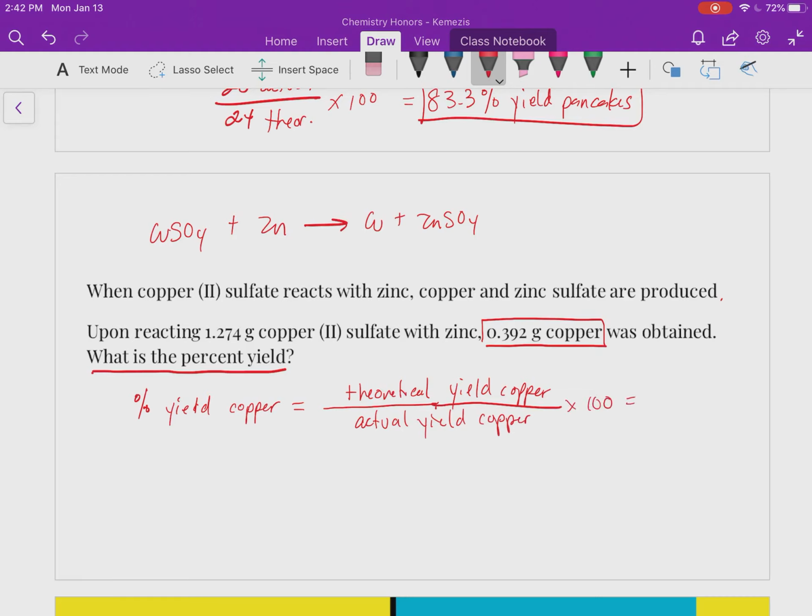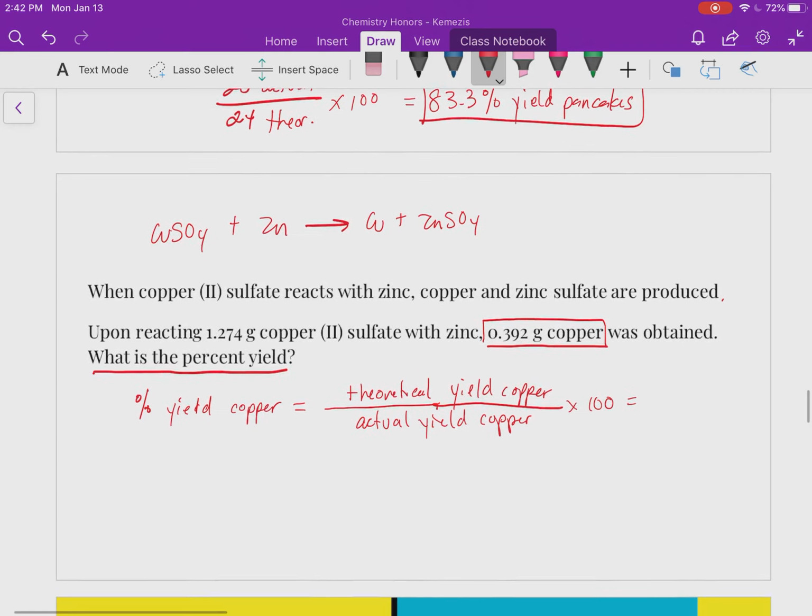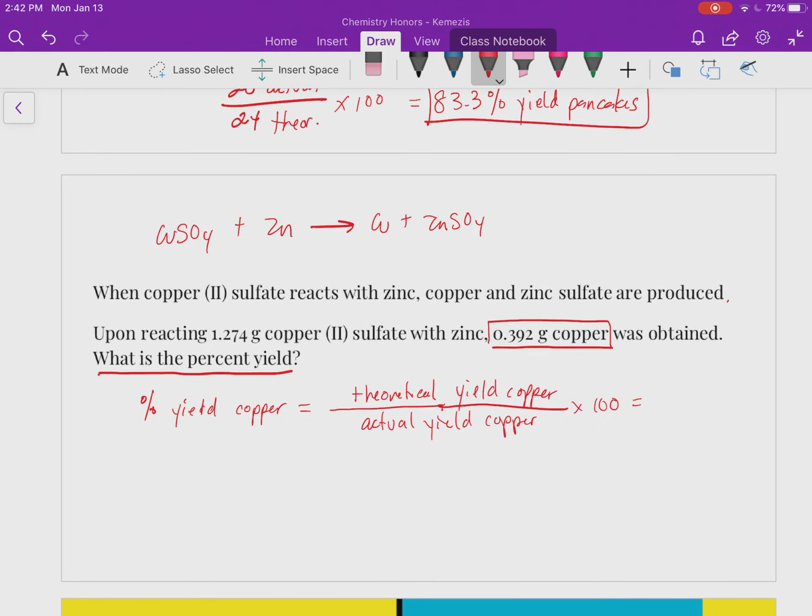Okay, so we have one of the masses from the problem, and we can assume that is our actual yield, right? It was obtained, it was done in the lab, it's an action-y verb. So we can put the 0.392 grams of copper on the bottom.